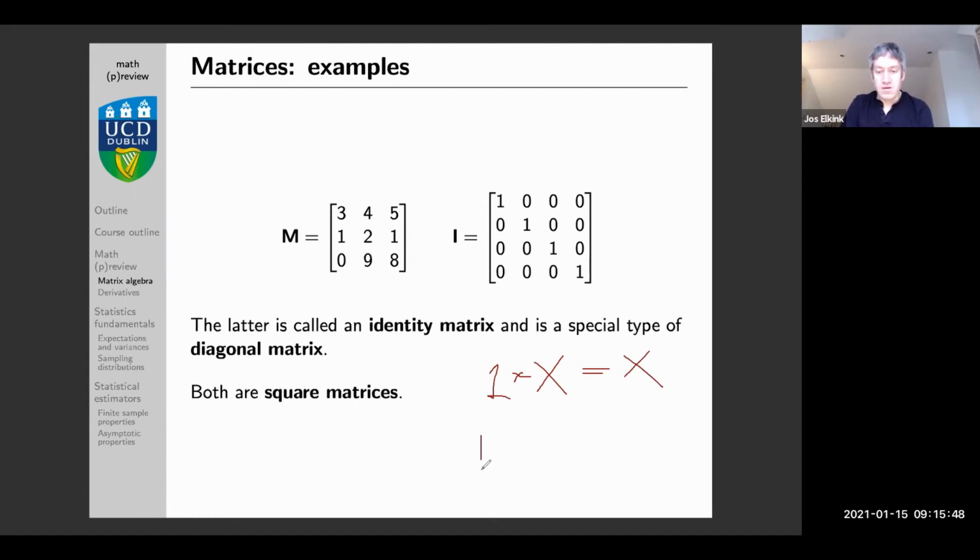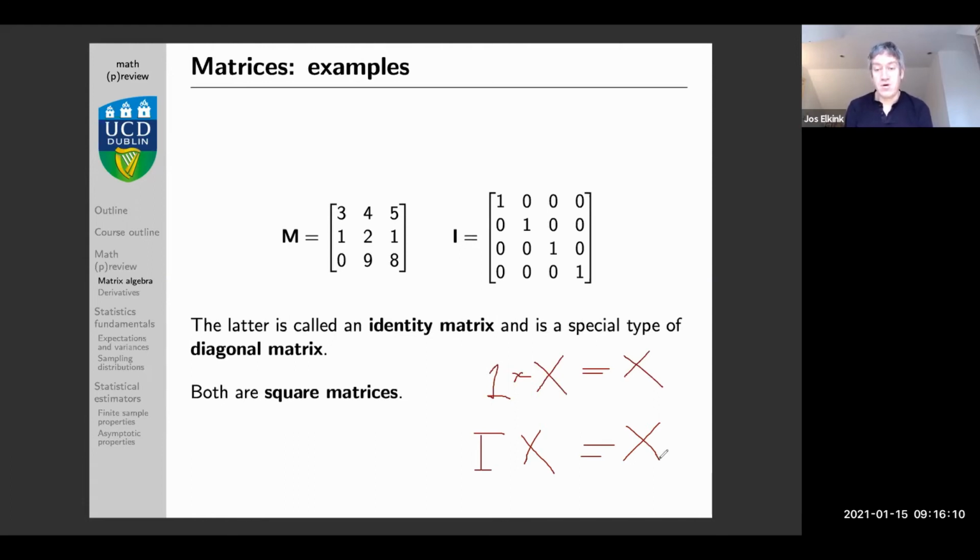Yeah? And it's a bit the same with matrices here. If I have an identity matrix, and I multiply it with a matrix X, the result will be another matrix X. So if you multiply a matrix with the identity matrix, you obtain the original matrix. So the identity matrix is a very special matrix.